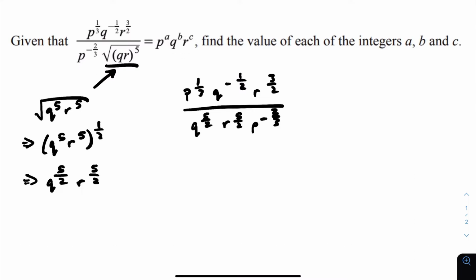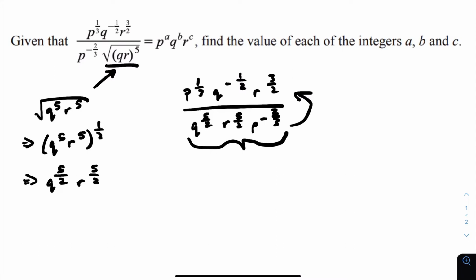And we also should take note that they want us to have integer values. So if we start to see something that doesn't nicely round out to an integer, then we know we've done something wrong. The way we can bring these values, which are in the denominator, to the numerator is by flipping the power signs.